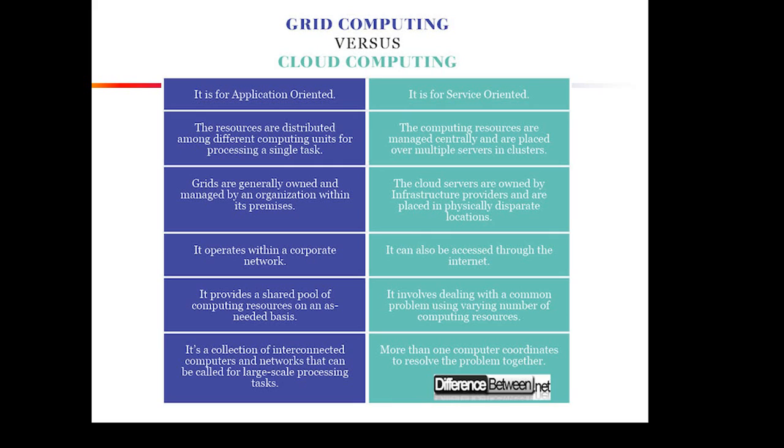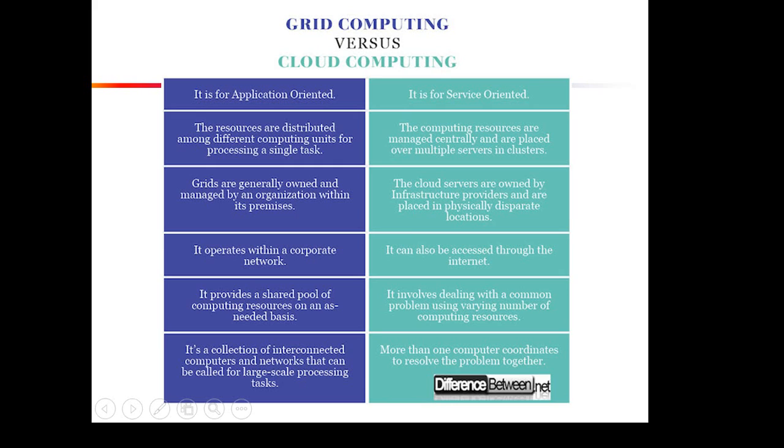The resources are distributed among different computer units for processing a single task, but in cloud computing, the computer resources are managed centrally and are placed over multiple servers in a cluster.